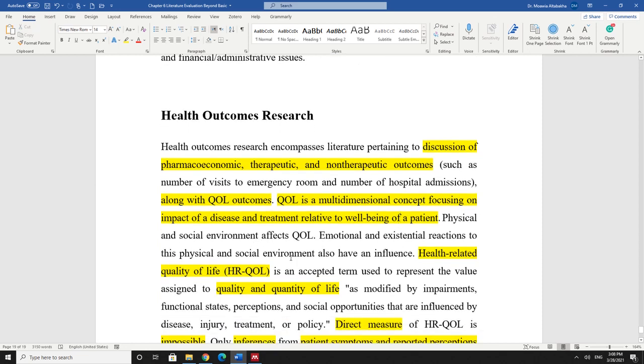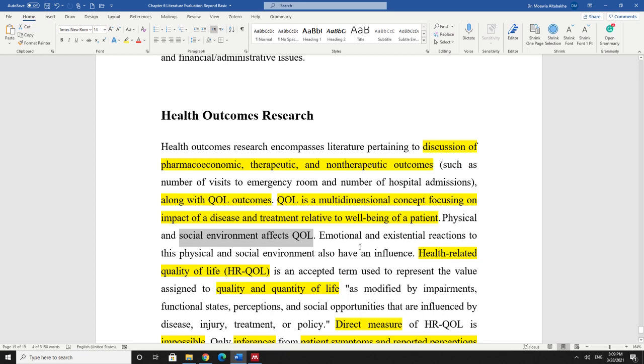Now, your emotional and existential reactions, your emotional reactions to the physical and social environment around you, will affect quality of life.